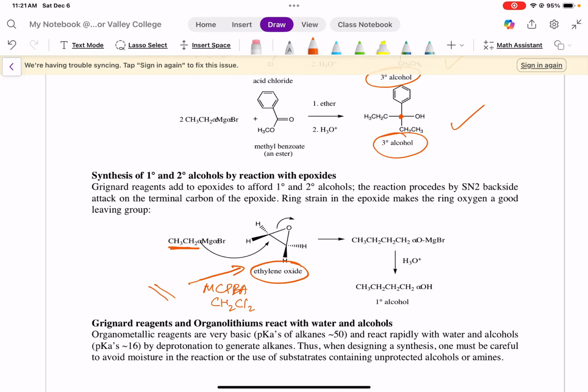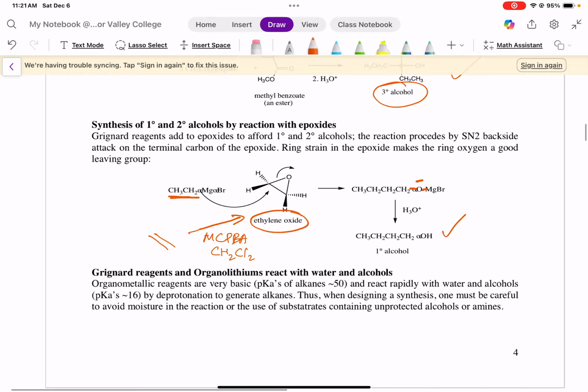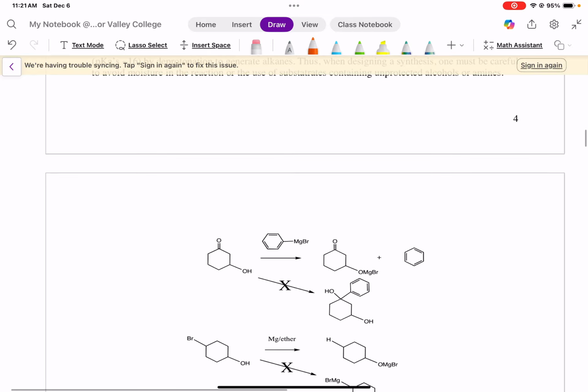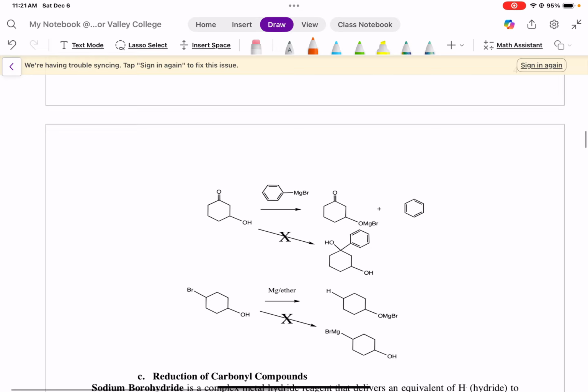That will open up, that's a bond, and then that's O minus, which picks up the hydrogen to become OH. So with the simplest epoxide, we get a primary alcohol.